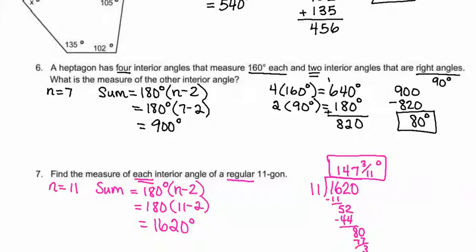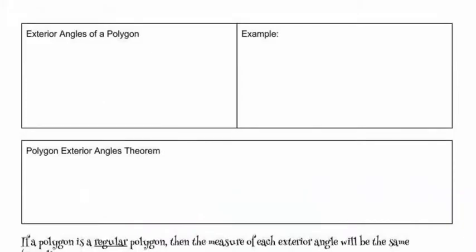Okay, so that takes care of all the interior angle things. We've talked about the interior angles of a triangle, the interior angles of a polygon. What about exterior angles?